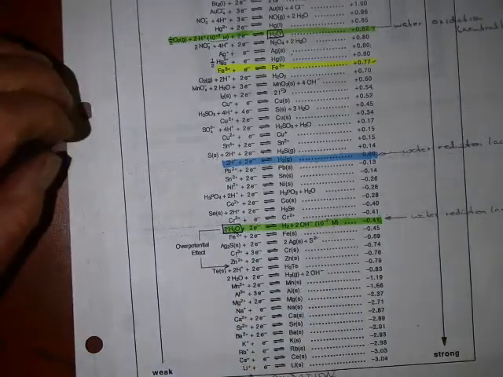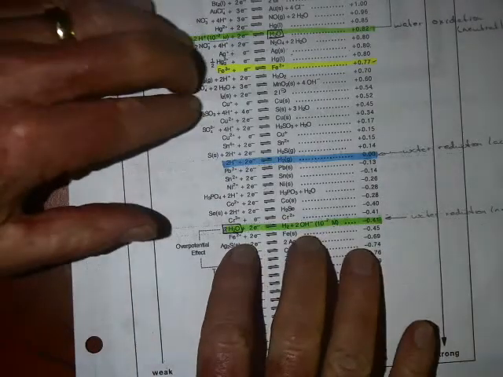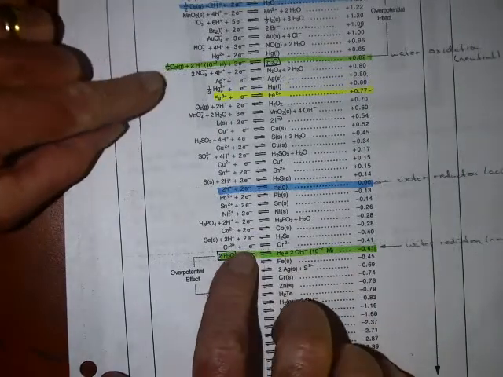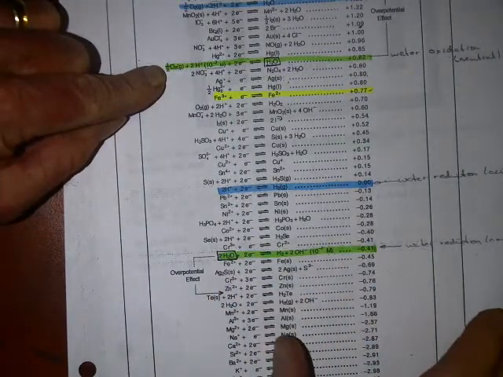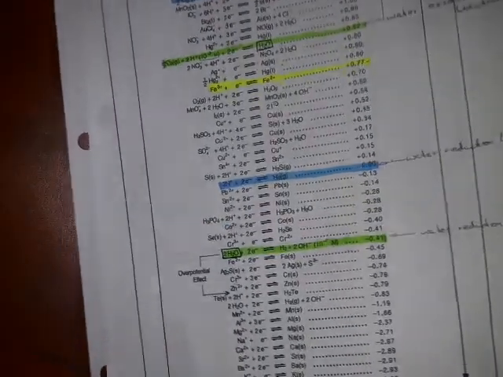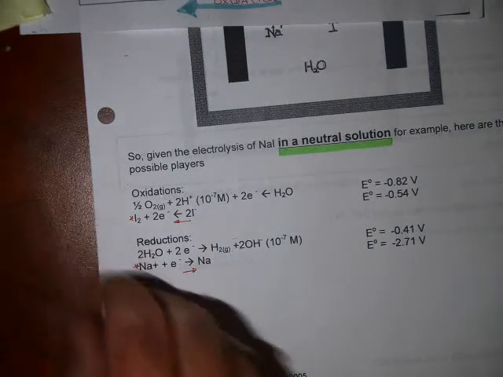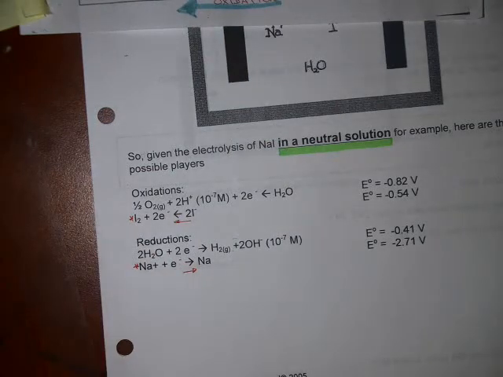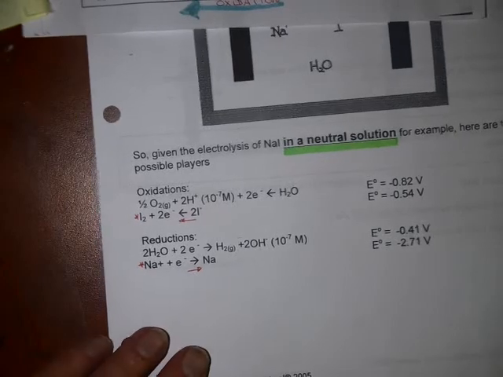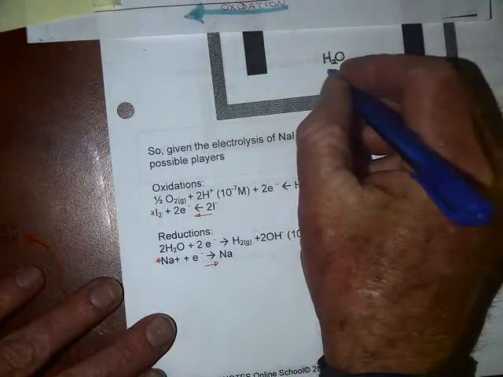So I'm going to transfer these two pieces of information onto our page just so that you can see what's happening. So the water here has a choice.